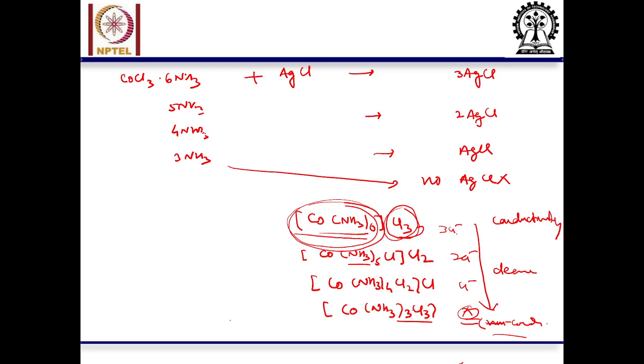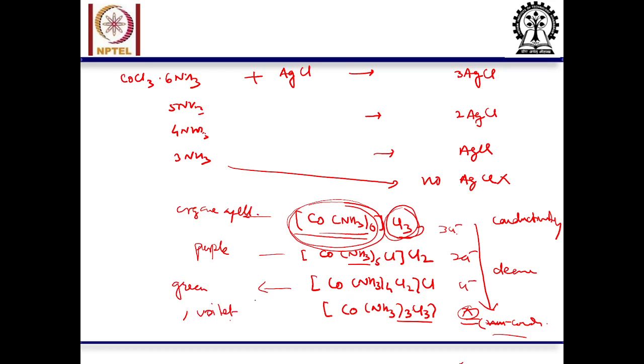Another thing is that he based it on color. This one is orange yellow, this is purple, but this one has two colors: green and violet.